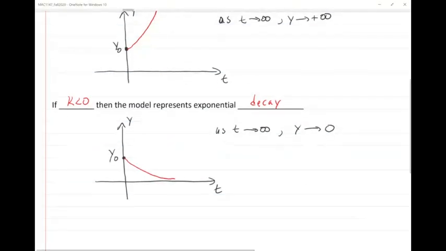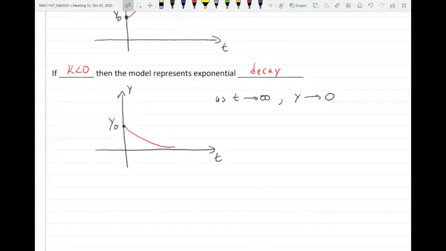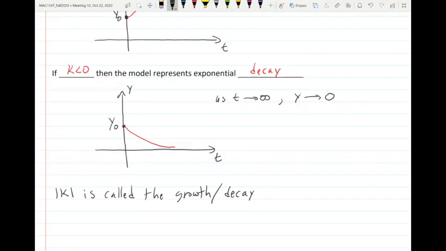Now, this number k has a name, so we usually refer to it in absolute value. The absolute value of k is called the growth or decay constant. The reason why we look at the absolute value is because the name already tells you whether it's positive or negative. So if we say the growth constant, we already know that k is positive.